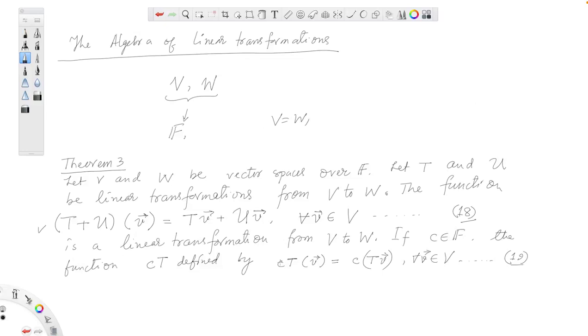So cT defined in this way is a linear transformation from V to W.